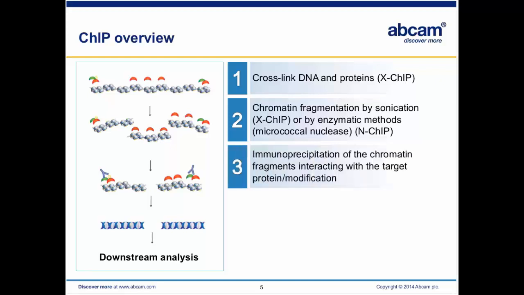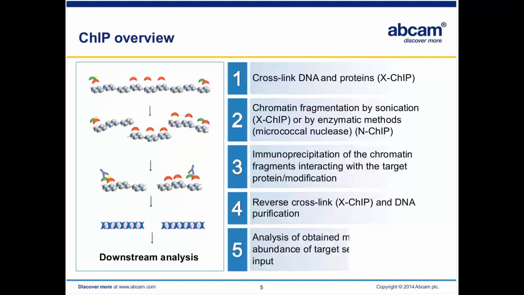Next, a specific antibody of interest is added to bind to the protein-DNA complex, which is then immunoprecipitated, pulling down only DNA fragments that are directly bound to the target protein. After several rounds of washes, crosslinks are reversed if applicable, protein and RNA are degraded, and the DNA can be purified for later analysis. The abundance of DNA pulled down can be determined compared to the input, or the starting chromatin amount.